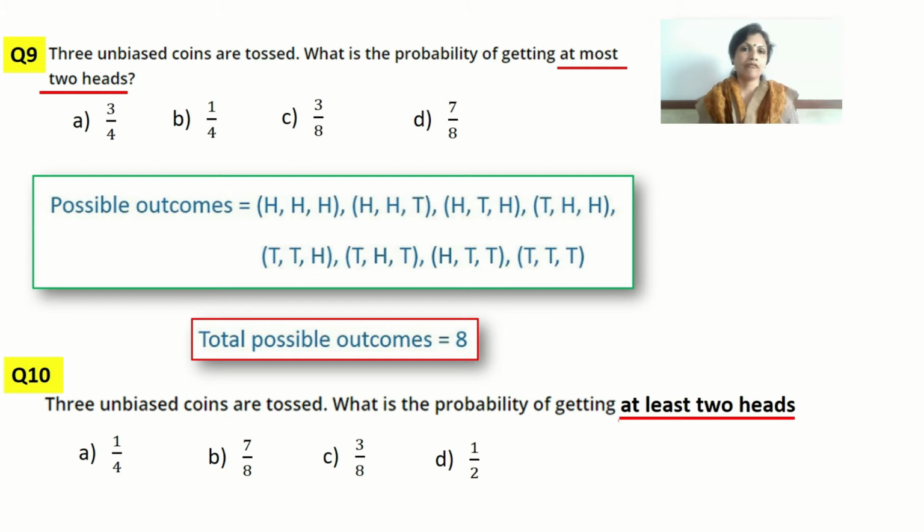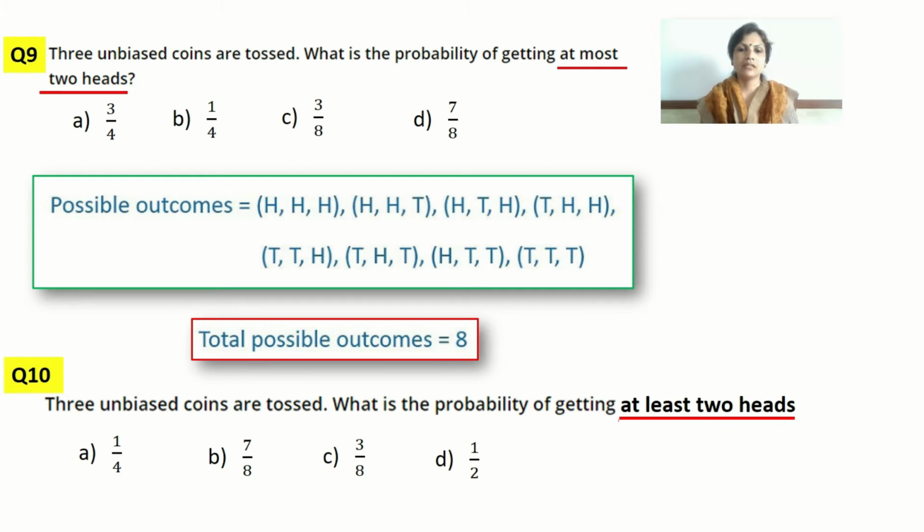Now please be very vigilant and careful here. At most 2 heads means exactly 2 heads or less than 2 heads, but not more than 2. So at most 2 heads means exactly 2, less than 2, or no heads, but it should not be more than 2. So in the combinations, let's check where we are getting that.